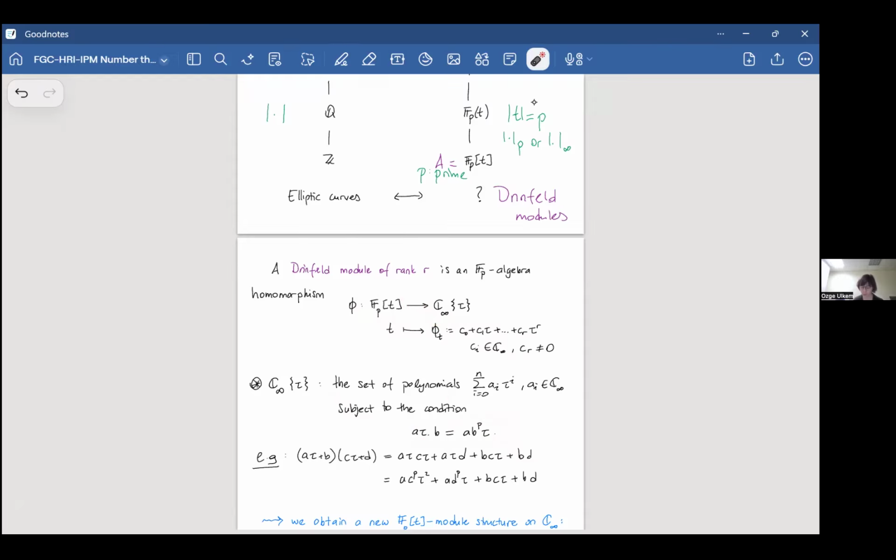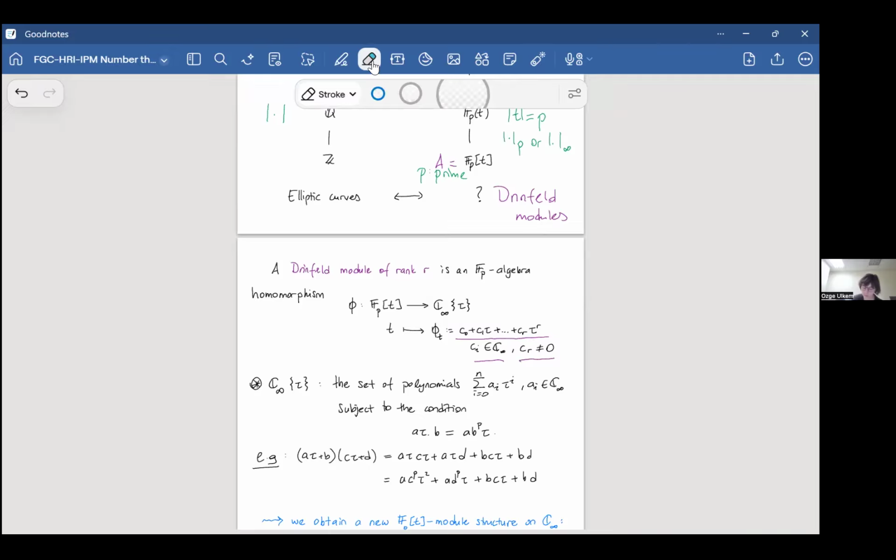That's why it is sometimes called the twisted ring of polynomials. A Drinfeld module of rank r is an F_p-algebra homomorphism from F_p[t] to C_infinity{tau}, where t goes to such a polynomial, where the c_i are in C_infinity and c_r is non-zero.